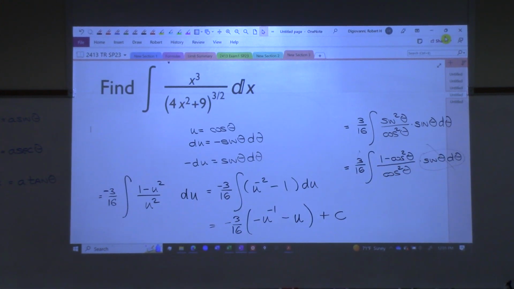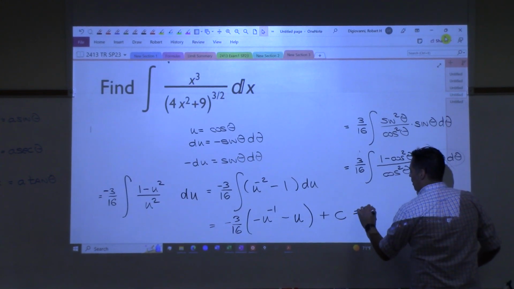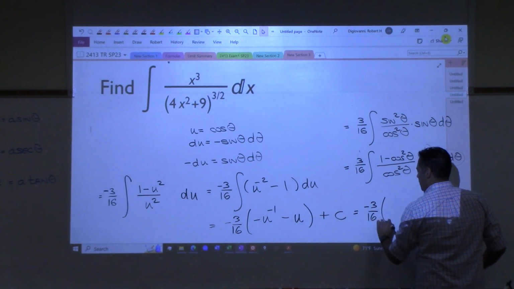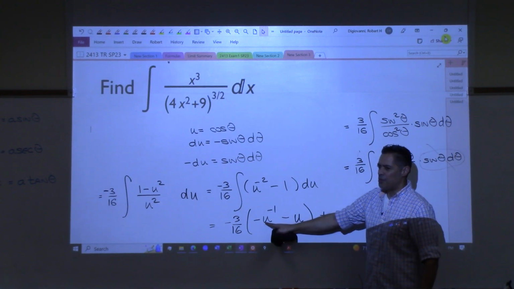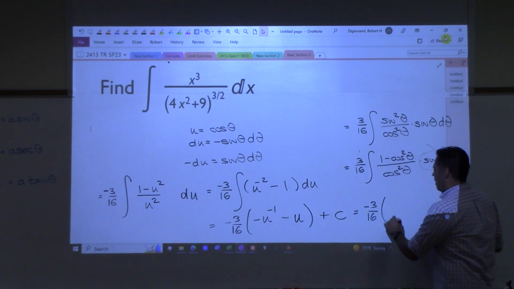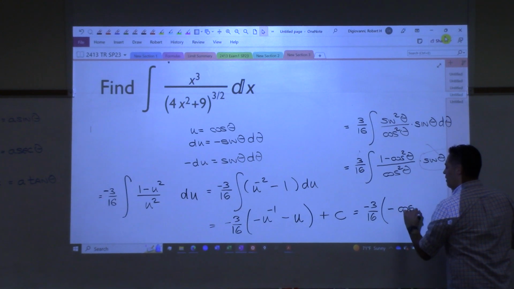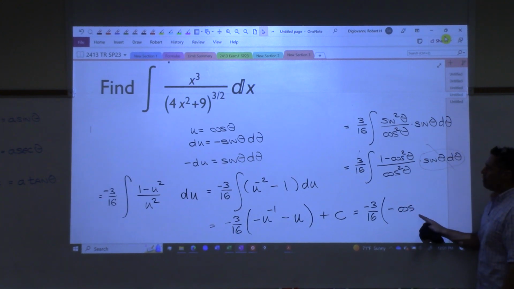All right, now replace u with what u is. So this is negative 3 over 16, parenthesis. This is really negative, this is tricky. Hold on. This is negative cosine to the negative 1. Wait, was it cosine?